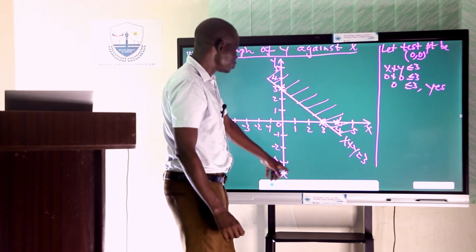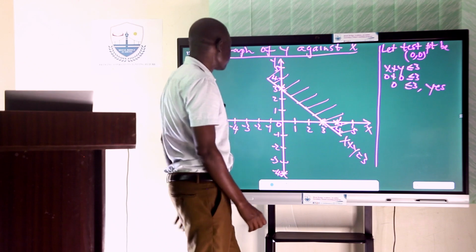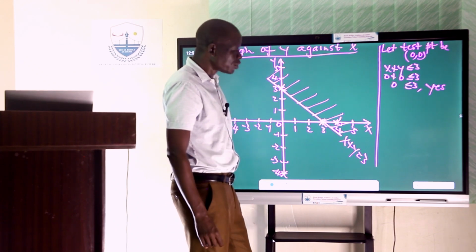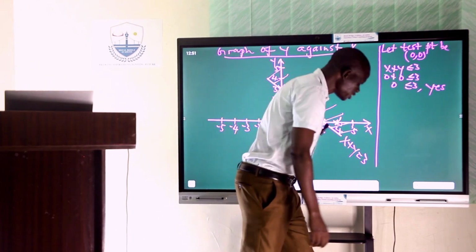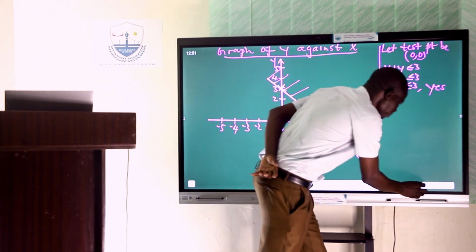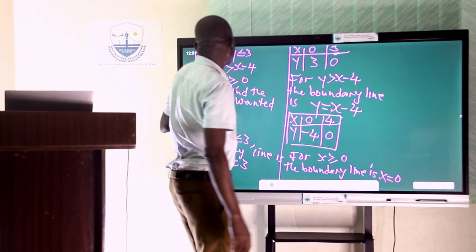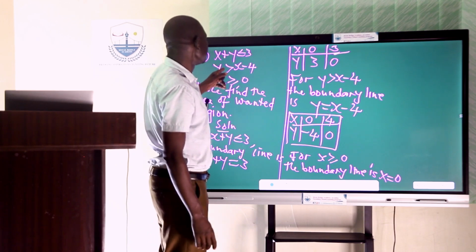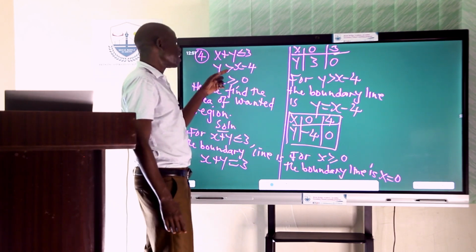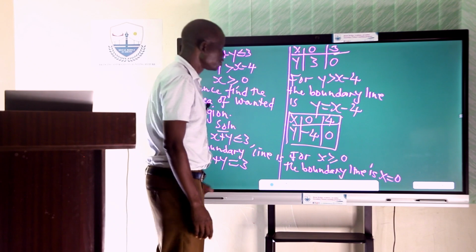So we are also going to join this point to this one. But is the line continuous or broken? Let us check. For this one, it is a greater than symbol. It means the line is broken.